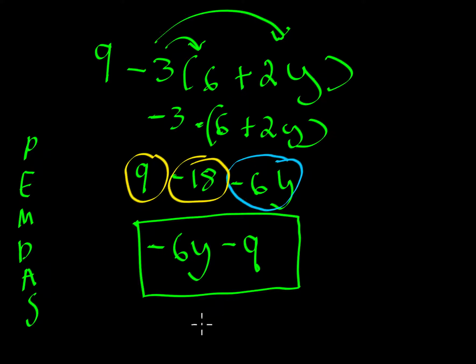You might be asking, why am I writing the algebraic terms with the variables first, and then the constants next to them? Well, because the constants' values are already fixed. You can't change their values anymore.